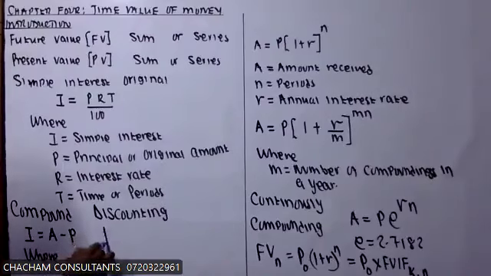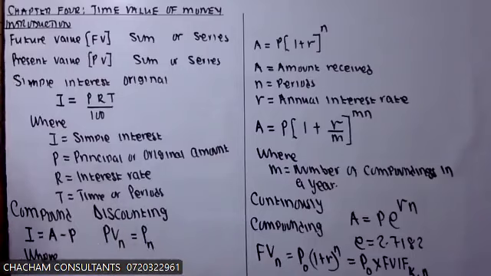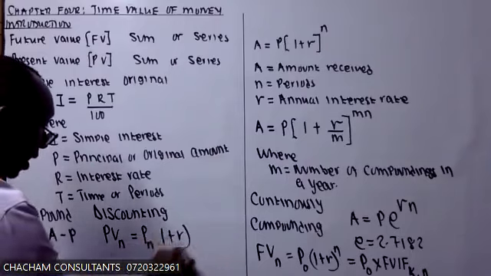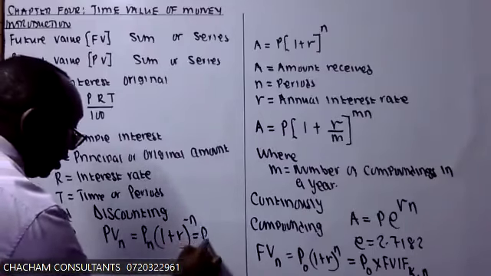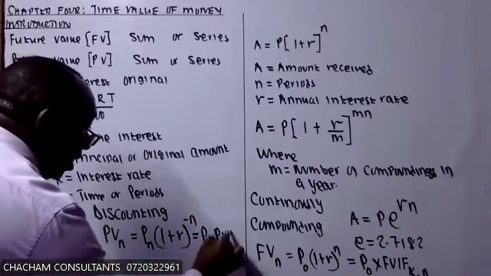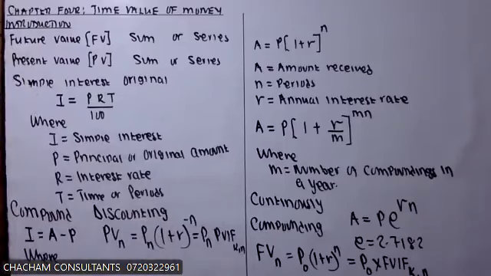Then you write this value: PVN is equal to PN, the future value, times (1 + R) raised to the power minus N, which is equal to PN multiplied by PVIF, KN.